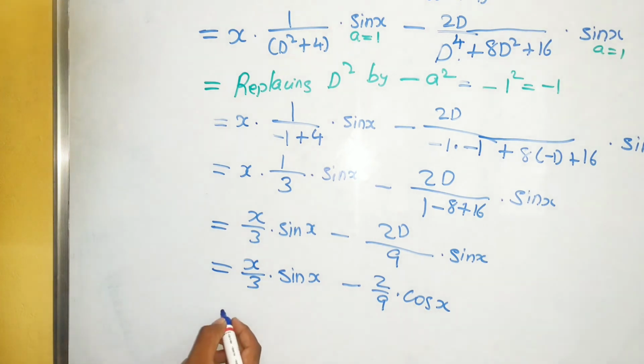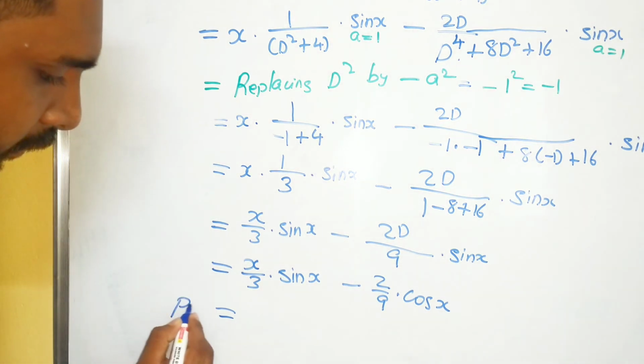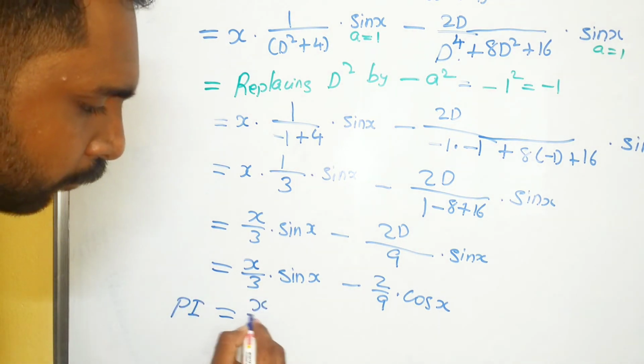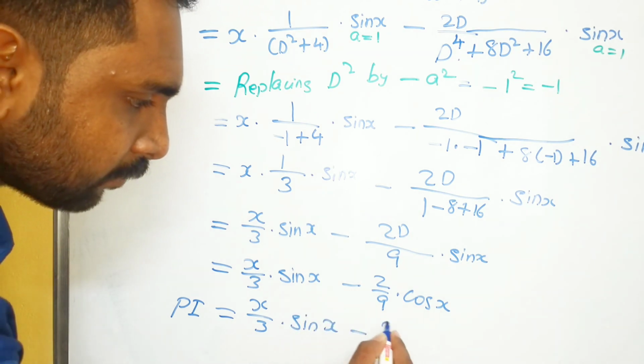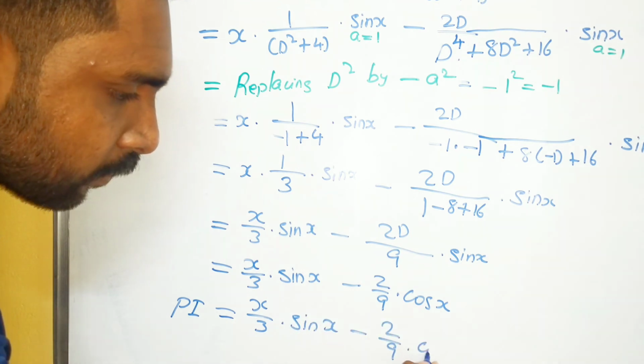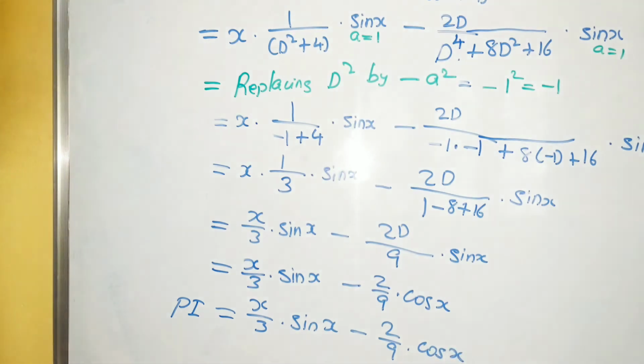So we can take 3s common, or we can write as it is, also not a problem. So this is the particular integral. So we have found the particular integral for this problem, x by 3 into sin x minus 2 by 9 into cos x. So this is the particular integral of this problem.